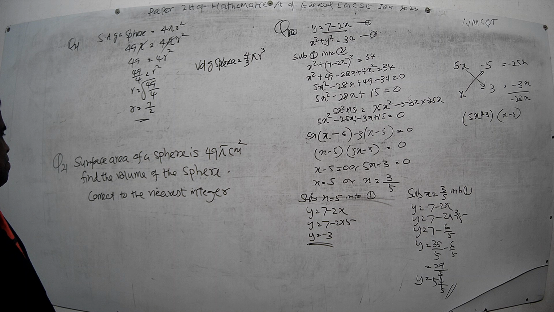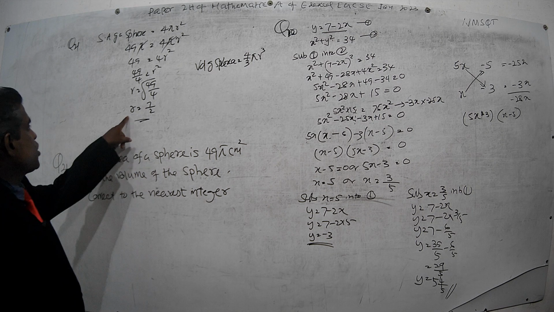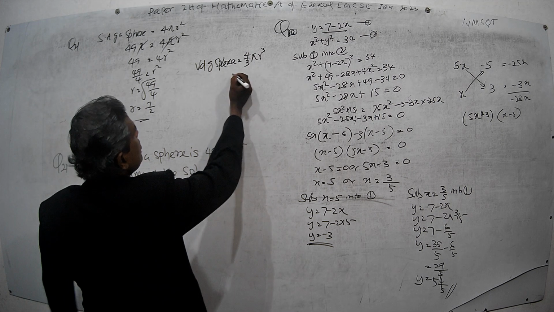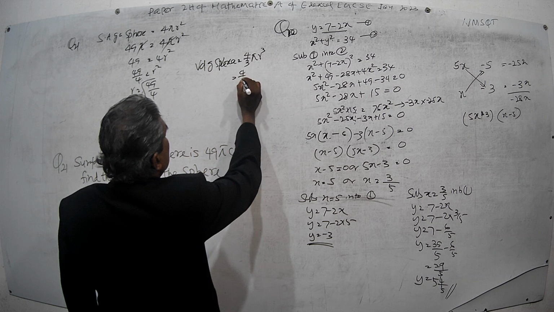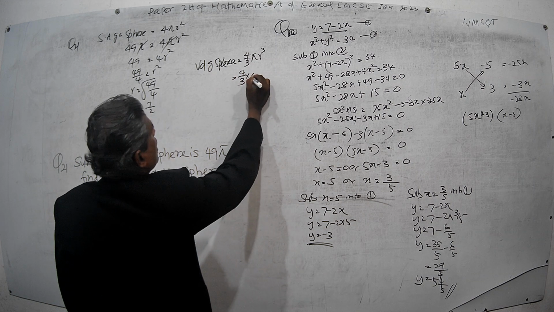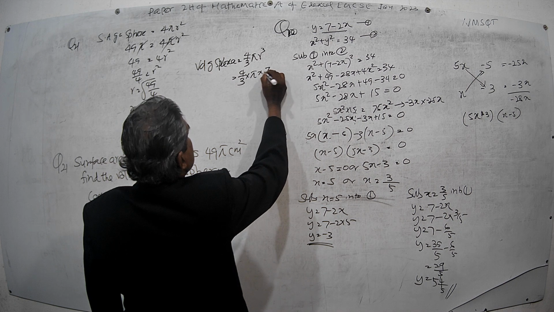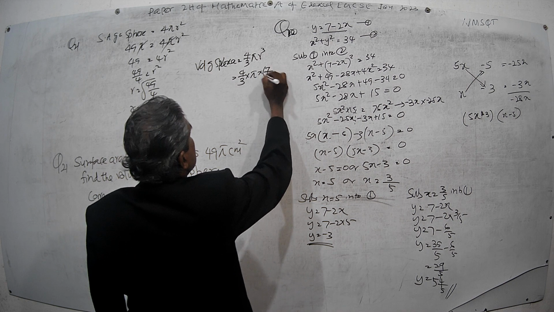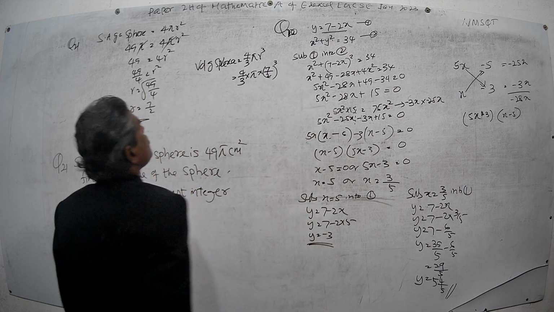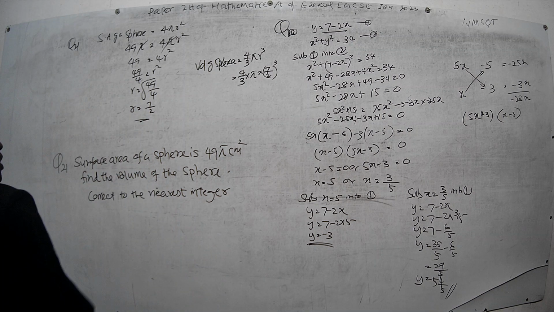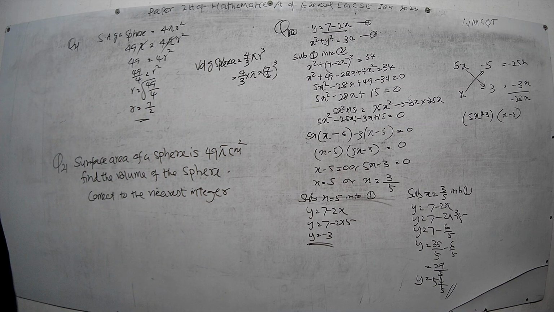Then all you have to do is substitute this r value into that. 4 over 3 into pi into r, which means 7 over 2, to the power 3. Just calculate the volume correct to the nearest integer. That means the nearest whole number.